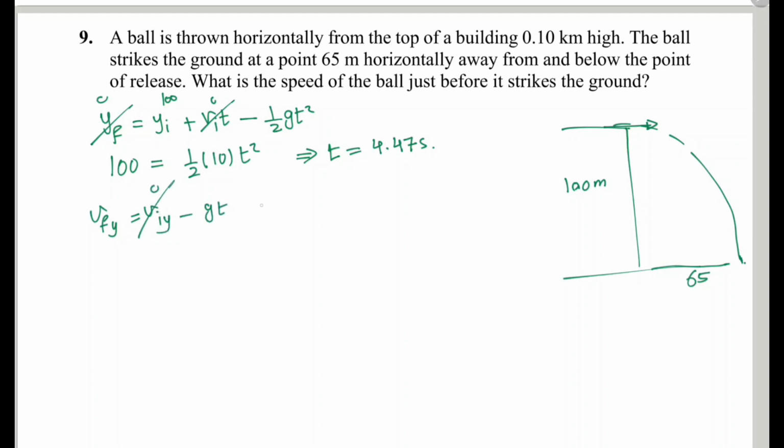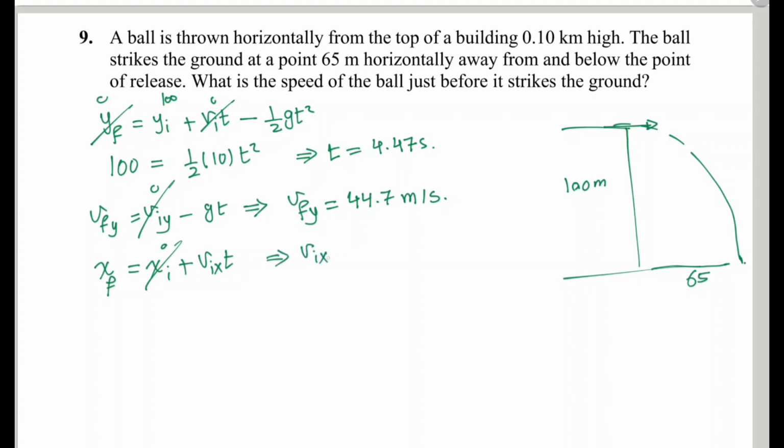Now the final y velocity equals the initial y velocity minus g t. This is 0 and you substitute t and g in this case. So the final y velocity equals 44.7 meters per second. x final equals x initial plus the initial x velocity times t. Again, this is 0.